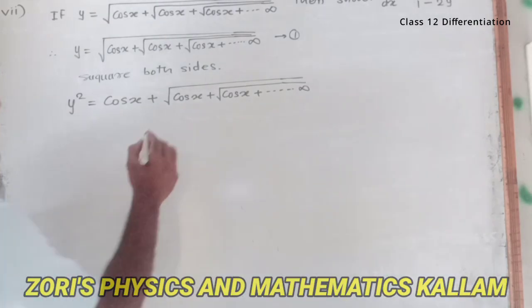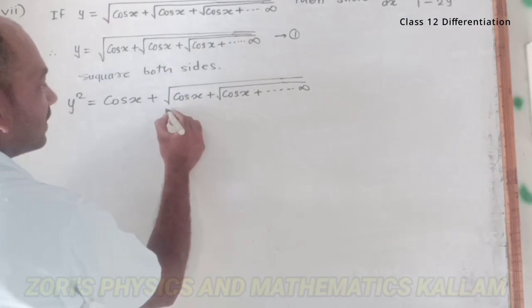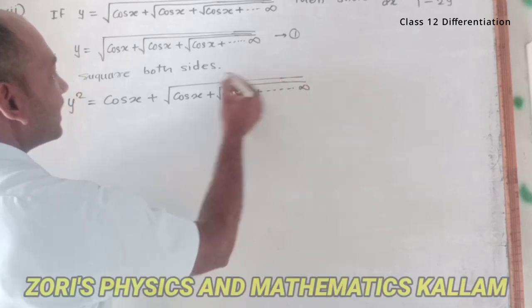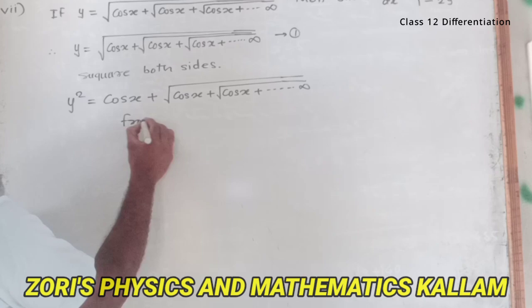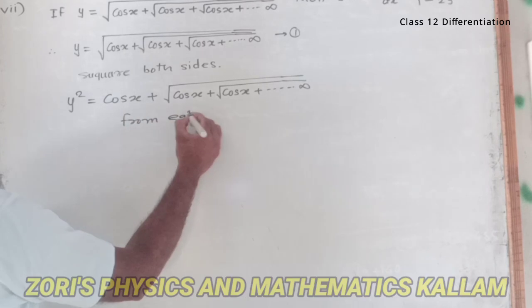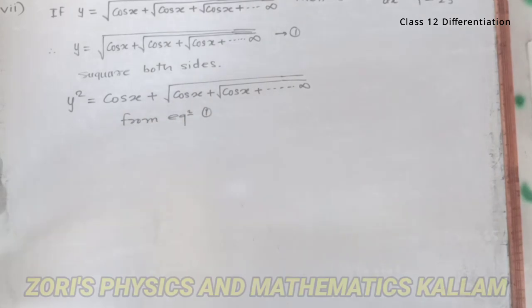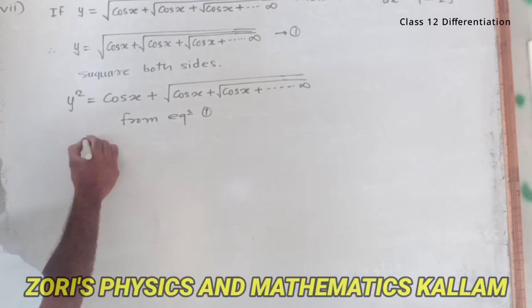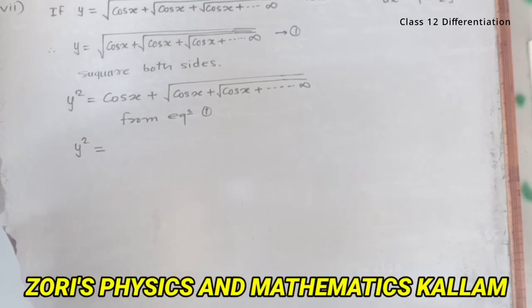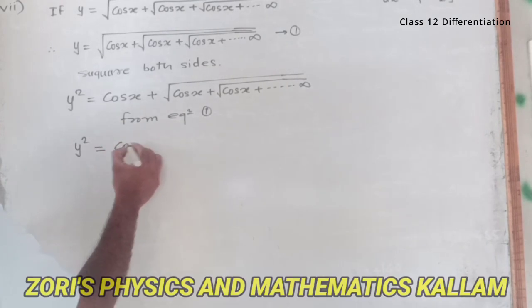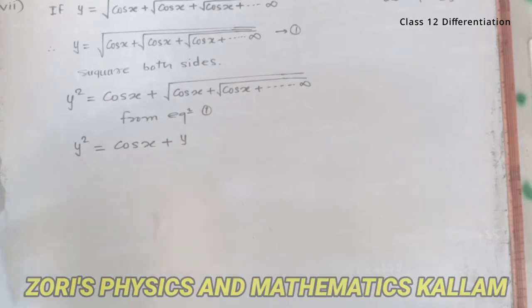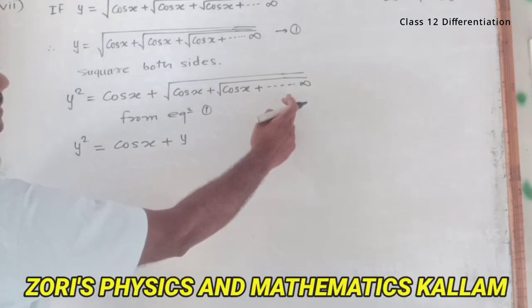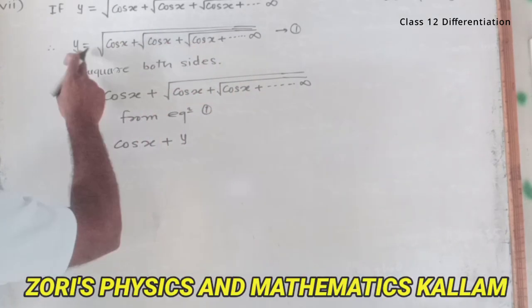Now see, from equation 1, this part is nothing but y. So from equation 1 we can write y² = cos x + y. This whole part from equation 1, what is this? y.